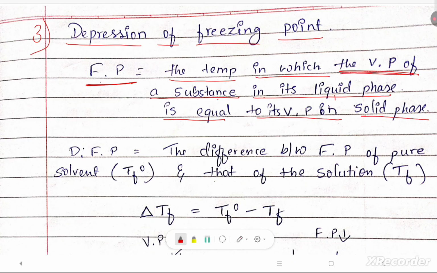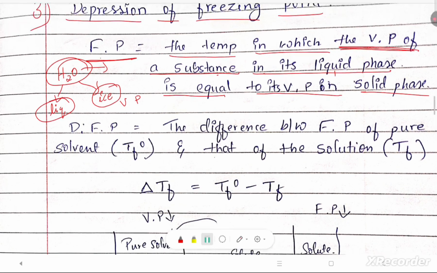For example, take water: water in liquid state and ice in solid state. When the liquid vapor pressure is equal to the ice vapor pressure, at that time it will start to freeze. Understood?